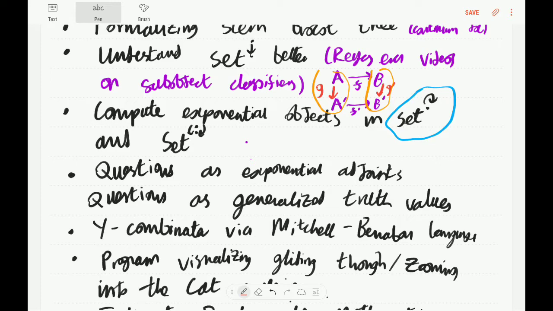But if you just sit and listen to people talking, very often questions come up. People ask questions. So how do we model a question? Is it in a categorical sense? Could it be like one of these exponential adjoints, something that's kind of waiting for evaluation or waiting for an input?